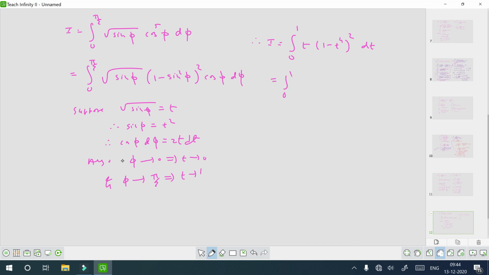That is equal to 0 to 1, (1 minus 2t raised to 4 plus t raised to 8) dt. So that is equal to 0 to 1, (t raised to 9 minus 2t raised to 5 plus t) dt. T raised to 10 by 10 minus 2t raised to 6 by 6 plus t square by 2, 0 to 1.